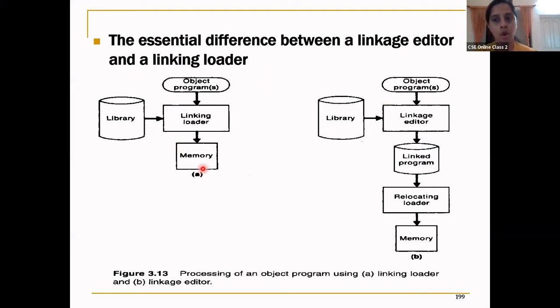Linking loader, what we all know and assume that it is behaving so. Object program, as we know, at the time of loading is already generated and created. It is ready. That is nothing but from the source program, the assembler generates the object program. So the object program is given to the loader.